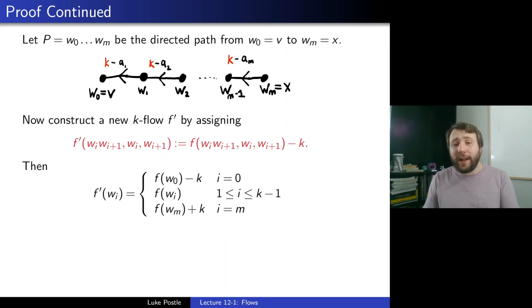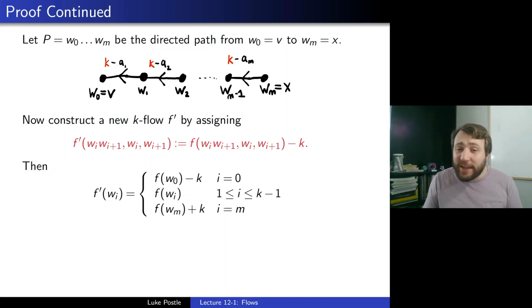So everywhere else, of course, we haven't affected the flow at all, so it's going to be unchanged. Here, though, the key instance to see is that the middle vertices have the same amount of net flow as before. Why? Because you've subtracted K on the incoming and K on the outgoing edge, and so those cancel out.